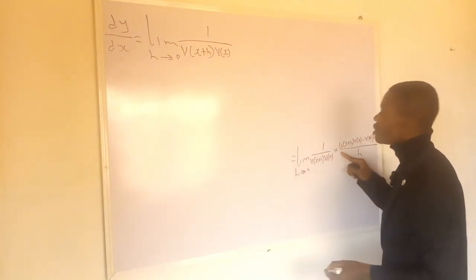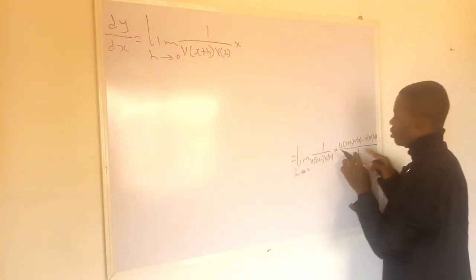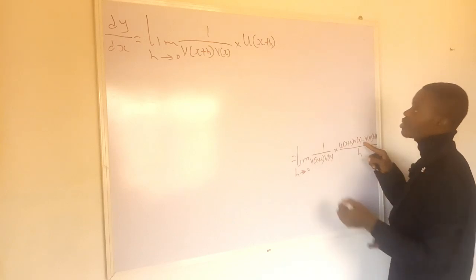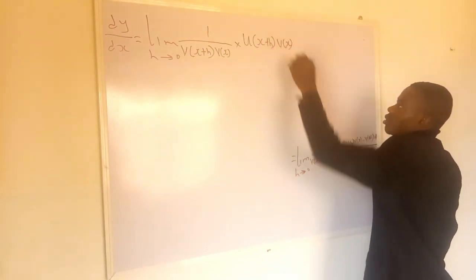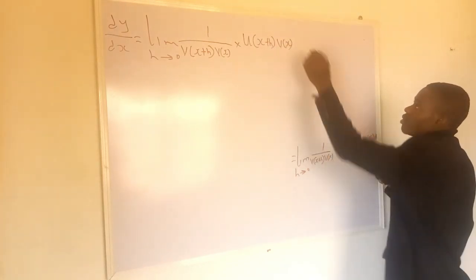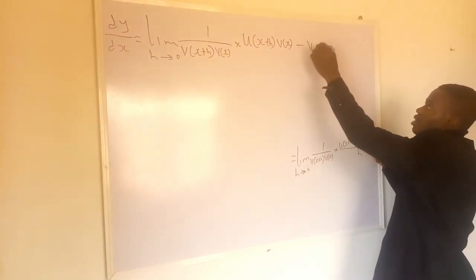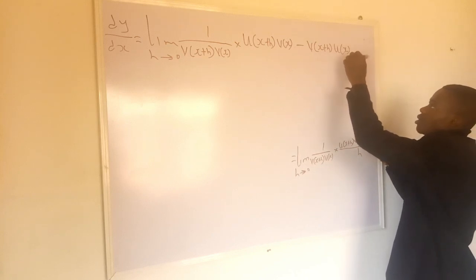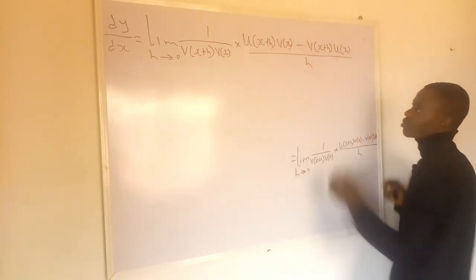Okay, then this is entirely multiplied by u of x plus h times v of x, minus v of x plus h times u of x, and everything entirely is divided by h.